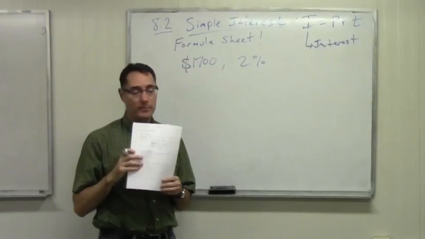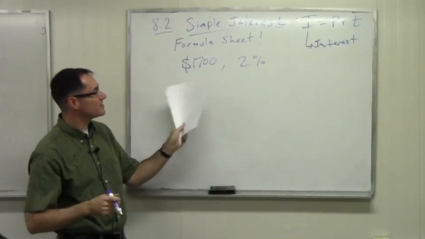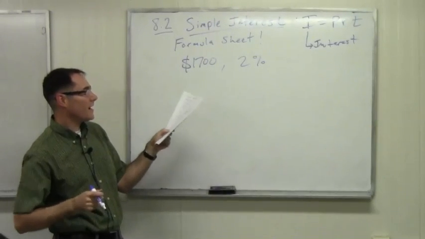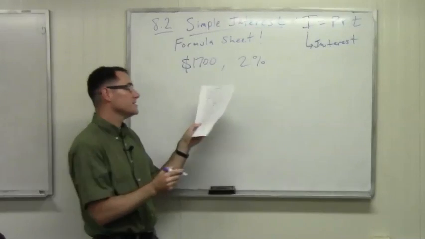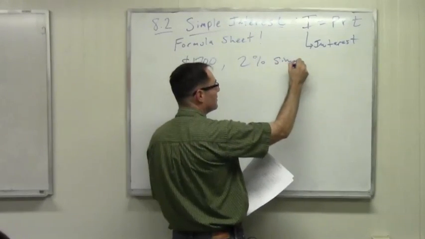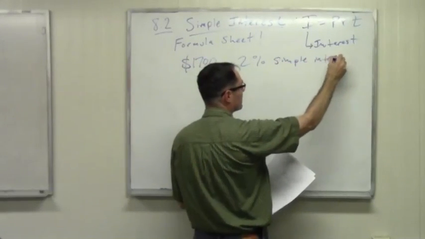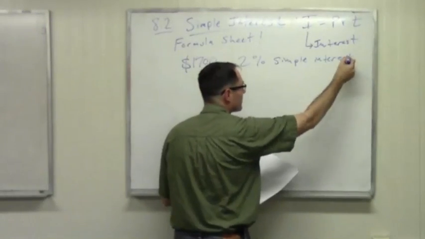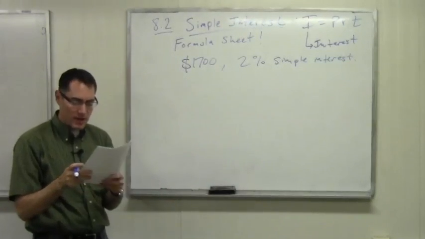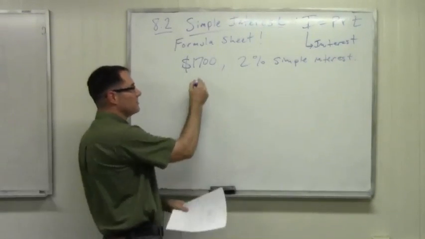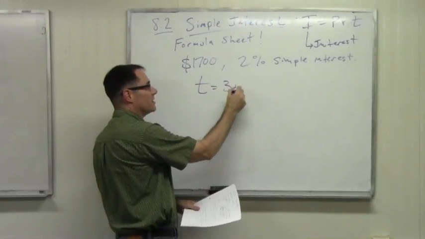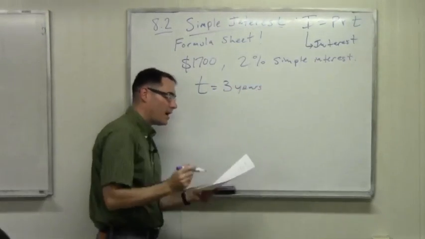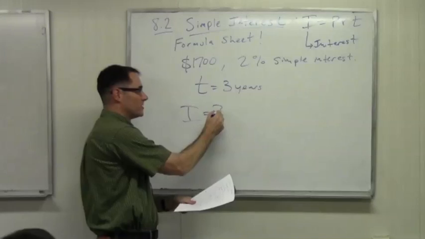I'm just writing down the important parts. How much interest will he earn in 3 years? Time equals 3 years. How much interest? So I want to find the interest.